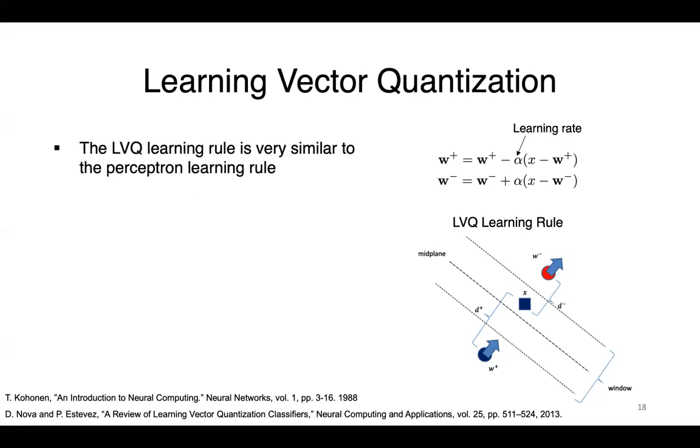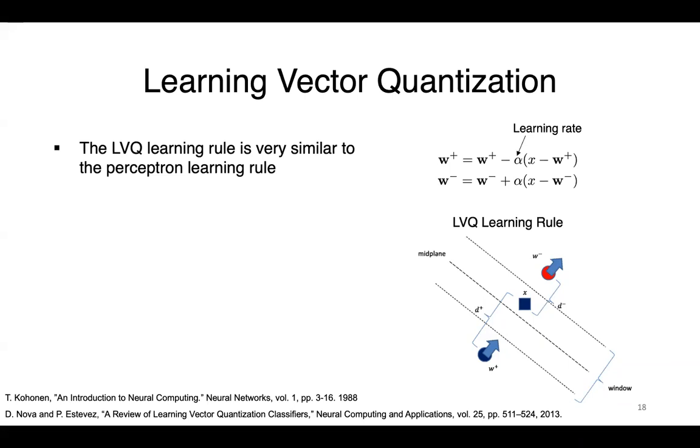I want to point out some connections between the LVQ learning rules and the learning rules we talked about earlier. On the right, you can see the original LVQ learning rule devised by Kohonen. W plus is the closest prototype to query vector X with the correct class label, and W minus is the closest prototype with the incorrect class label. Upon closer examination, we can see that the LVQ learning rule is very similar to the perceptron learning rule.